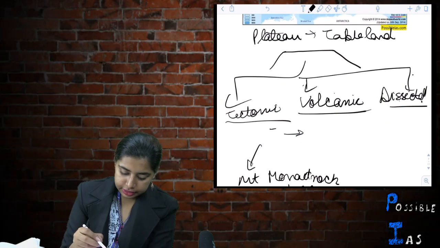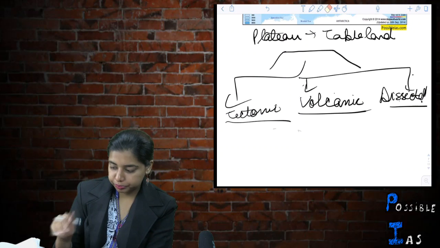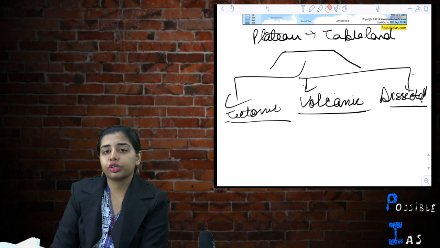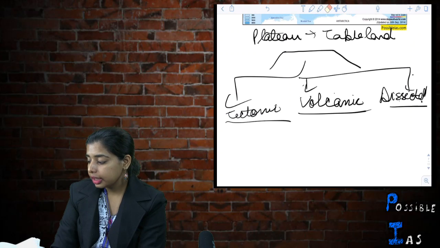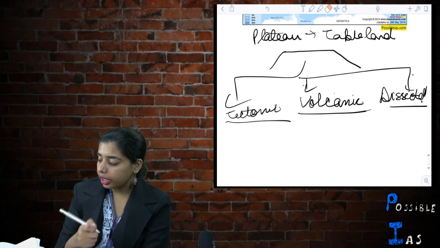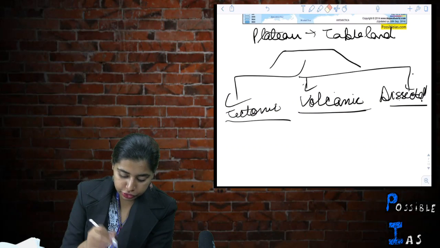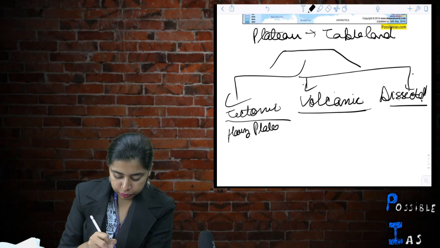So what happens here is the ones which are formed because of the tectonic forces of the earth are known as tectonic plateaus. The example of this is the Harz Plateau in Germany.